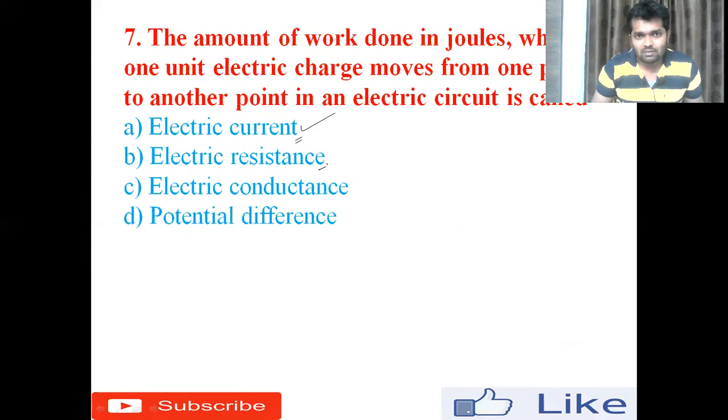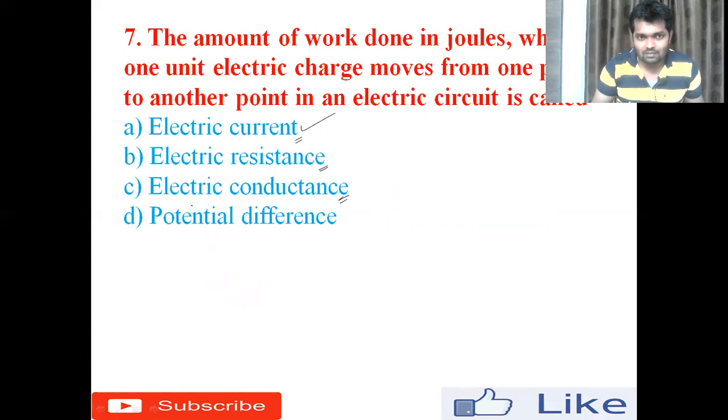Option B, resistance. Resistance is the opposition for the flow of charges. And conductance is the property of a material or a conductor, to what extent it will allow the charges to flow smoothly or easily. That property of a conductor is called conductance.